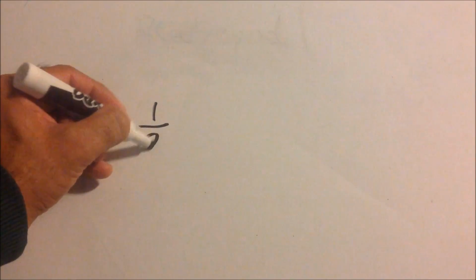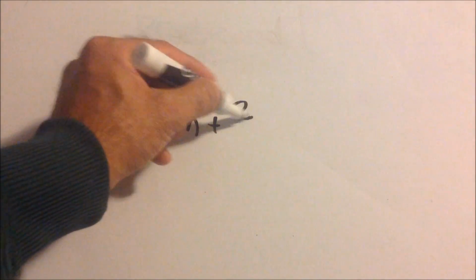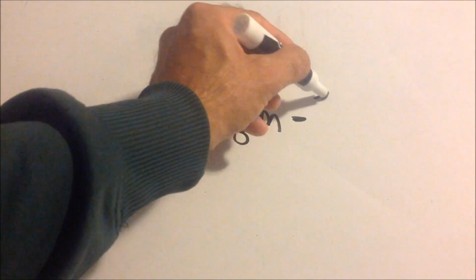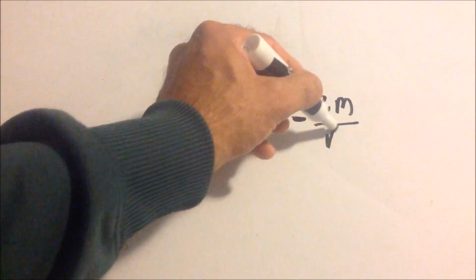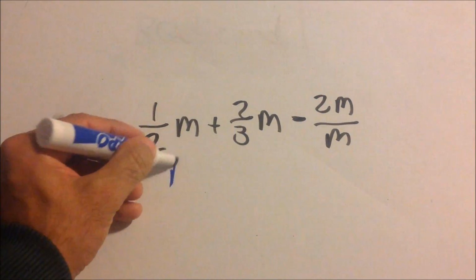Okay, let's do one. Let's say we had something even stranger. Let's say we had 1/2 m, plus 2/3 m, and we'll say minus 2m over m. So that's something strange. But we can do this. First, we're going to clear it up to make it look a little better before we start clearing the fractions. And what you can do is, when you say a 1/2 m, you can also say m over 2.